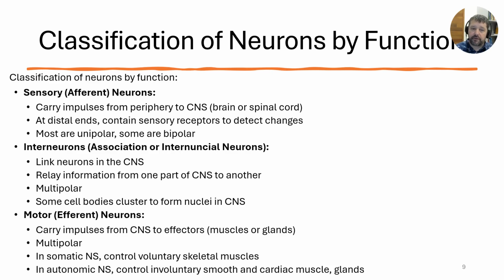They're also typically multipolar. And we already kind of talked about, in some cases you have the voluntary control, so if it's going to a skeletal muscle, and then other cases you have involuntary control if it's moving to smooth or cardiac muscle or glands.